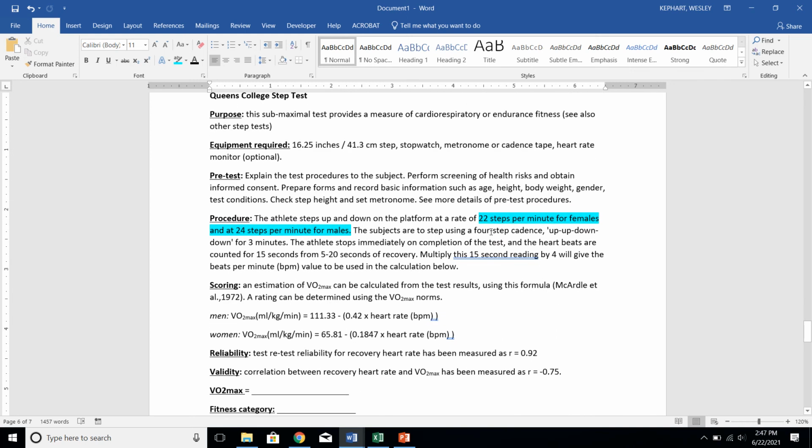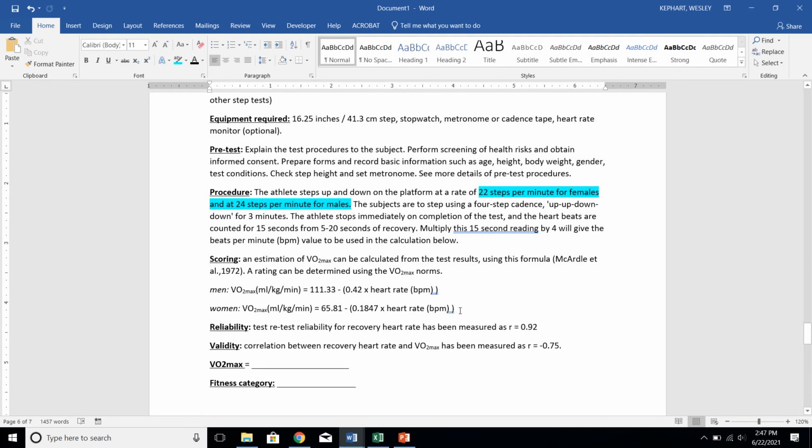I knew the 96 one. I had to do that 88 one in my head. Sorry, not super good at that. And then here are our equations in order to get our relative VO2 max. You're just going to put in your VO2 max, your fitness category, all of that we were doing before.